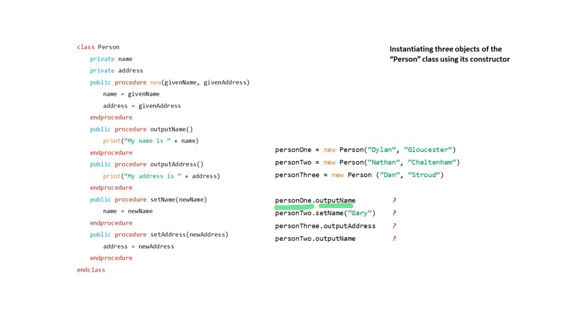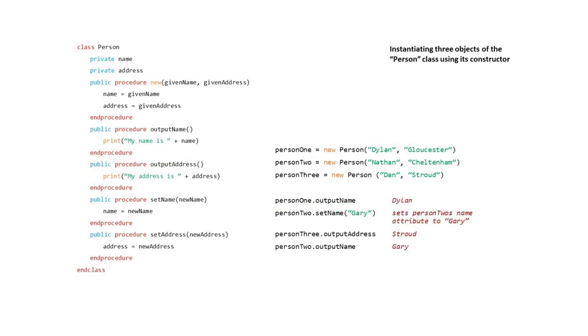So if we ran the output name code for the person1 object, what would be displayed on screen? Work through these and see if you can tell what gets output when each of these methods are run on these objects. Check your answers. How did you do?